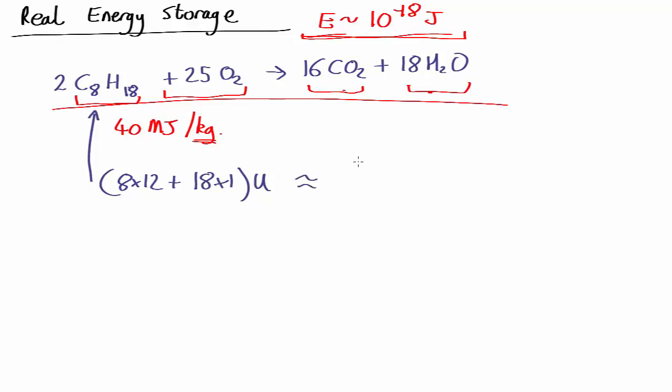And that comes out as about 2 by 10 to the minus 25 kilograms. So the number of molecules of this in a kilogram of petrol is going to be roughly 1 over that. So the number of molecules is going to be about 5 by 10 to the 24 per kilogram.